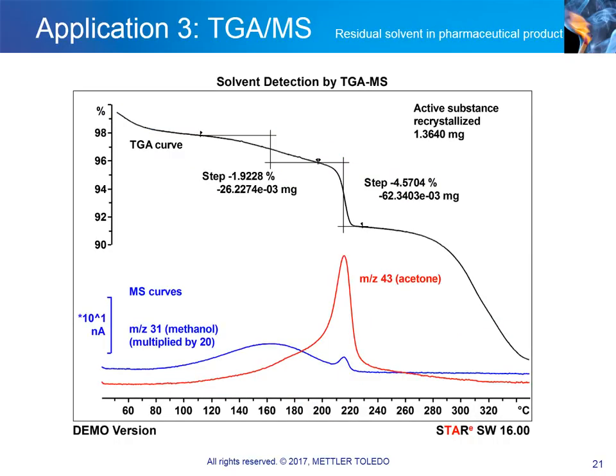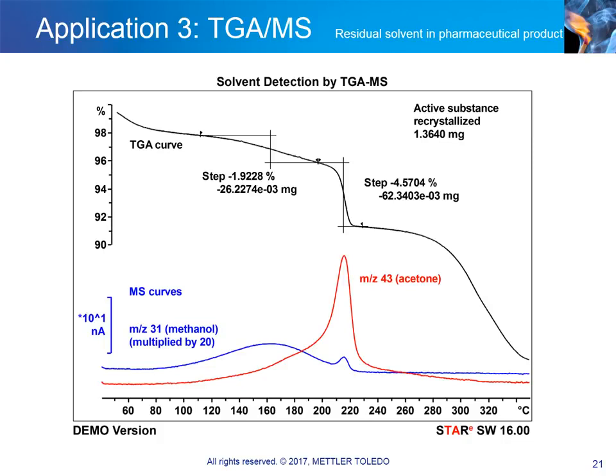The Mettler Toledo TGA DSCs can be interfaced with several evolved gas analyzers, such as a mass spectrometer, MS, Fourier transform infrared spectrometer, FTIR, or a combination of a gas chromatograph and a mass spectrometer.